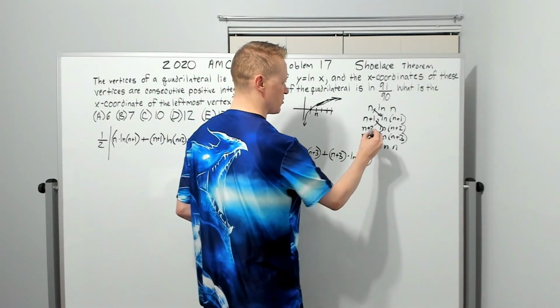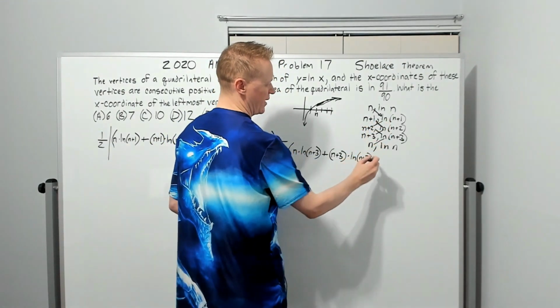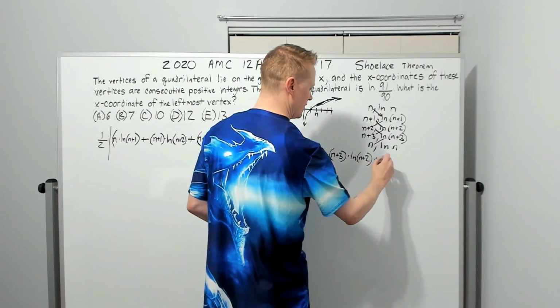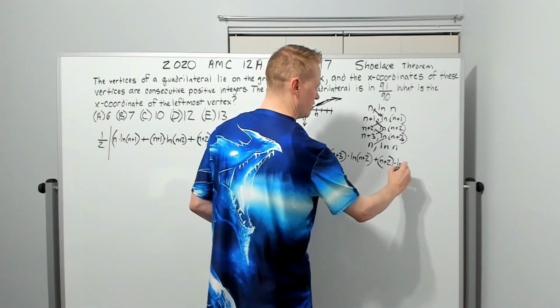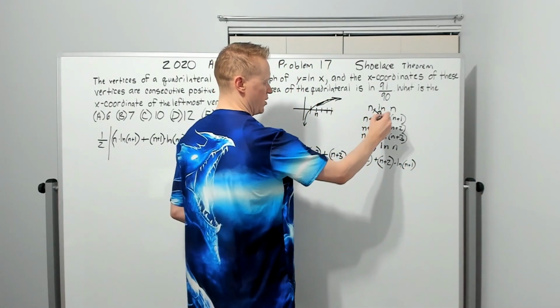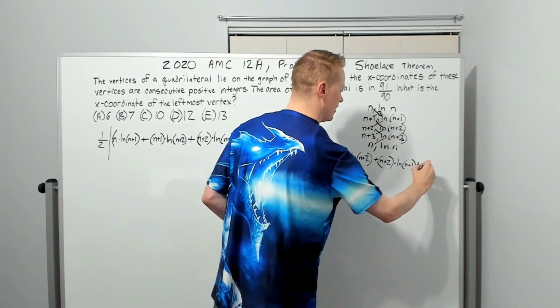Sorry for the tedious writing. You're going to go this way. You're going to get n plus 2 times the natural log of n plus 1, and n plus 1 times the natural log of n.